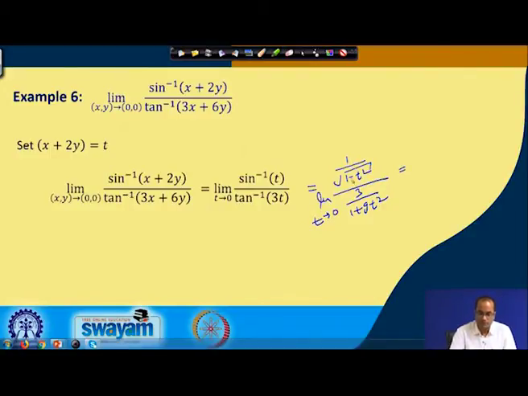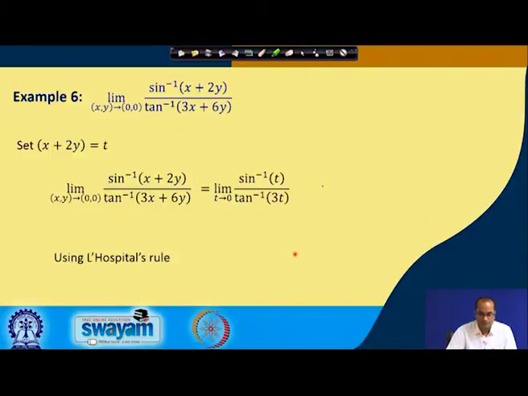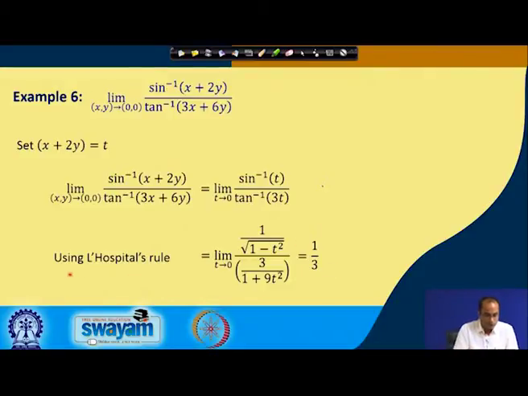As t goes to 0, it will be 1 on top and 3 below, so this limit will be 1 by 3. So again, this is another approach which could be helpful in some cases, when we can change functions of 2 variables to 1 variable.